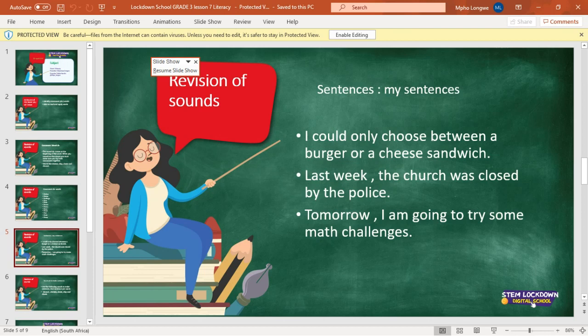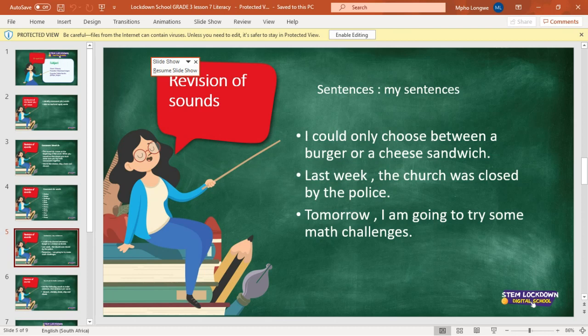My next sentence. Last week, the church was closed by the police. Next sentence. Tomorrow, I'm going to try some math challenges. Again, the first sentence: I could only choose between a burger or a cheese sandwich.